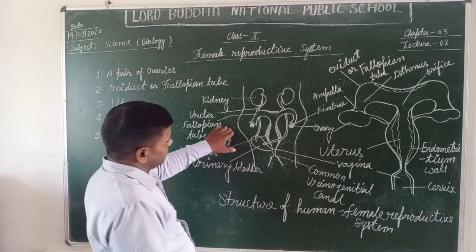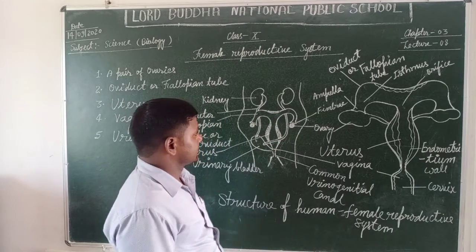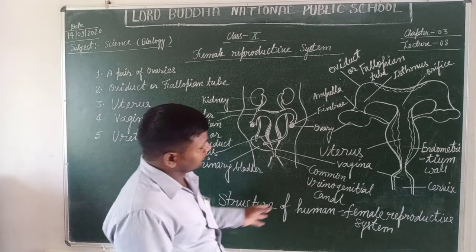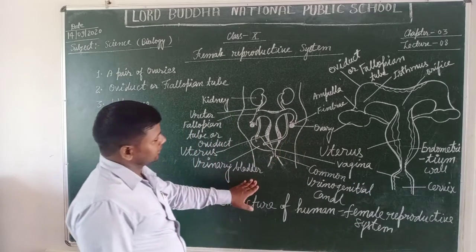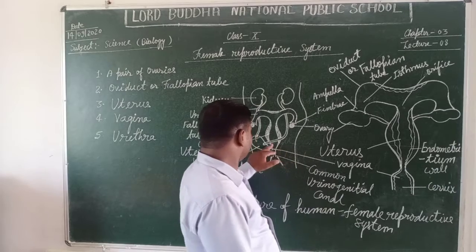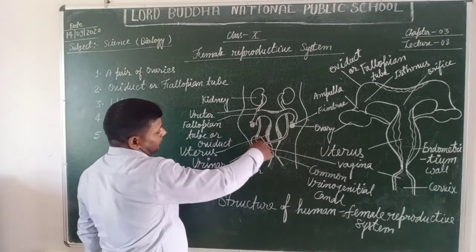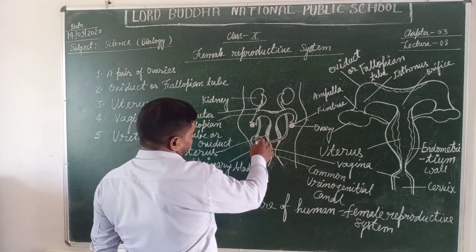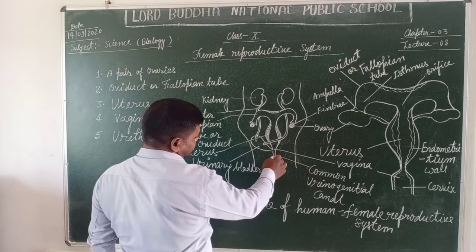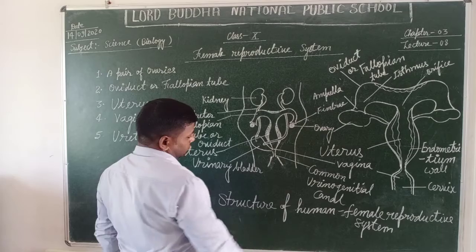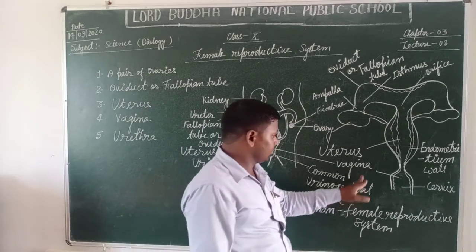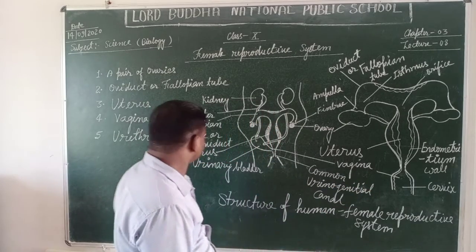All the other structures are just the same as illustrated in the previous diagram. So students, we comparatively study this board diagram because in this the urinary bladder and the urethra are clearly shown. This is the urethra, also known as the common urinogenital canal along with the vagina.